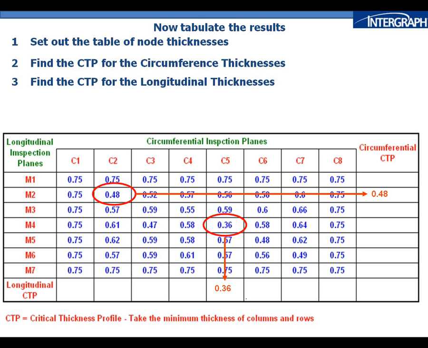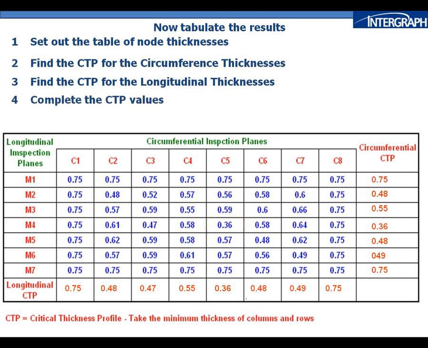Now, of course, we can complete the table using the same procedure. So we just complete the table, and it will look something like this. And what do we do after this? Well, we've got to determine the minimum thickness for a start, because that's the area we're most interested in. That is the minimum thickness in the whole table. Okay?